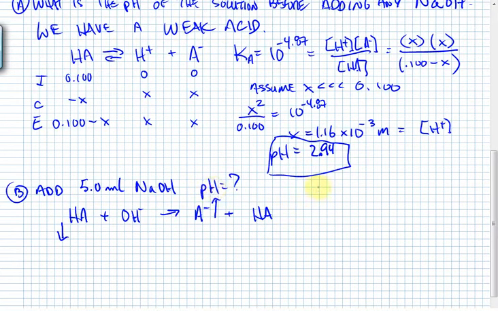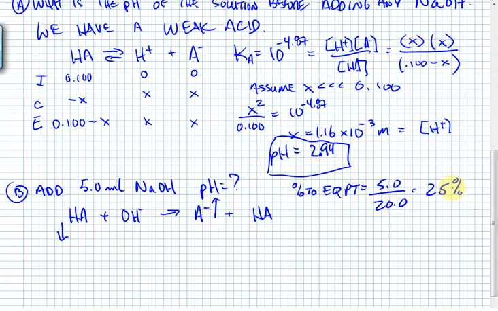Now, there are a variety of ways to solve this. Here's the way I like to solve these problems. Let's think about what percentage of the way we are towards the equivalence point. I've added 5 milliliters. I know the equivalence point is at 20 milliliters. So percentage to equivalence point equals 5 out of 20, or at this point, we're 25%, or 0.25 to the equivalence point.